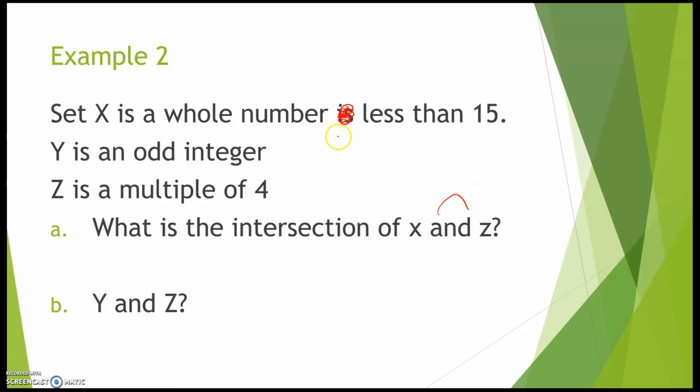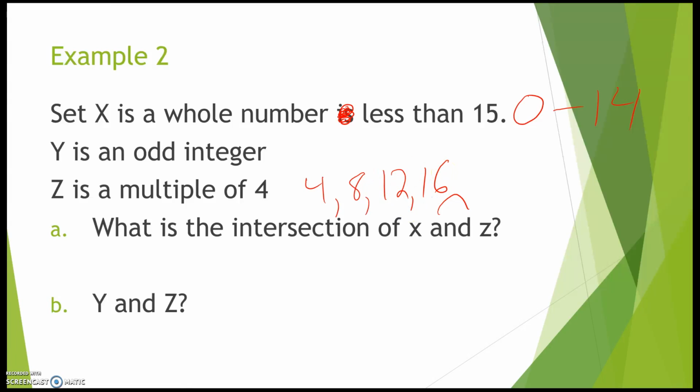X is a whole number less than 15, so you're talking about 0 through 14. Those are the numbers if I would list them out. And then Z is a multiple of 4, so 4, 8, 12, 16, right?